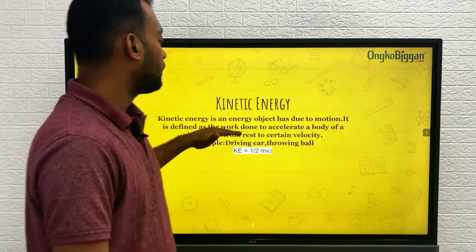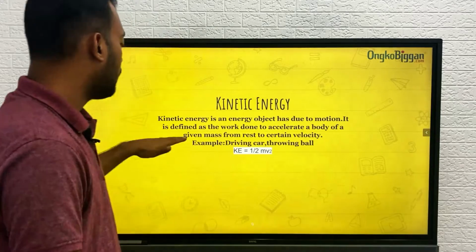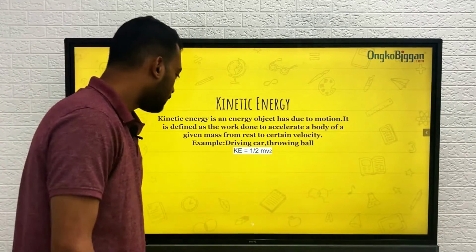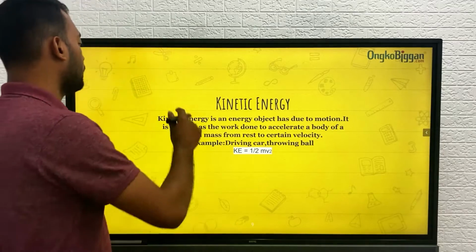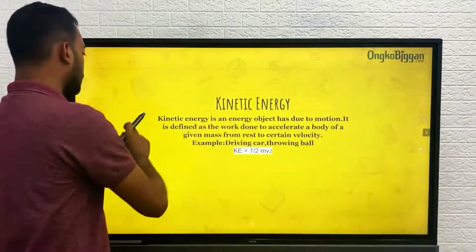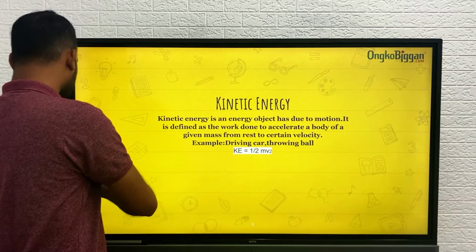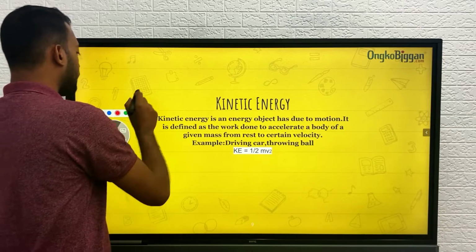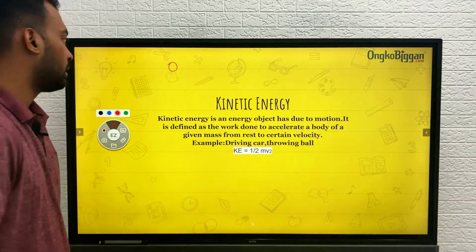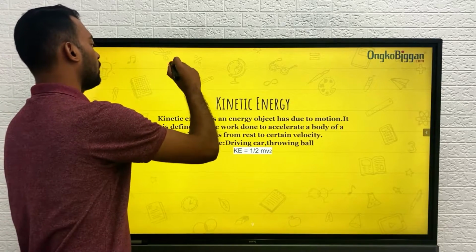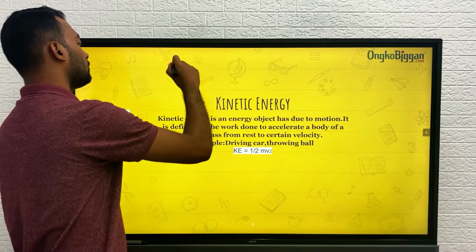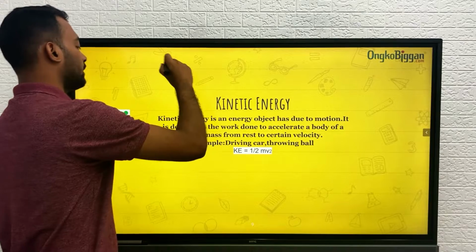It is defined as the work done to accelerate a body of given mass from rest to a certain velocity. So what does it mean? It means that if there is a ball which is at rest, suppose this is a ball. This is at rest.